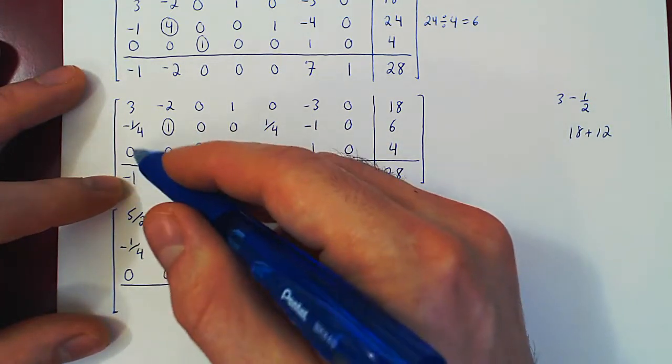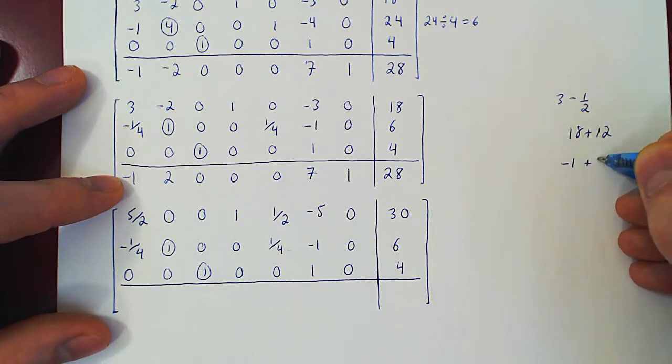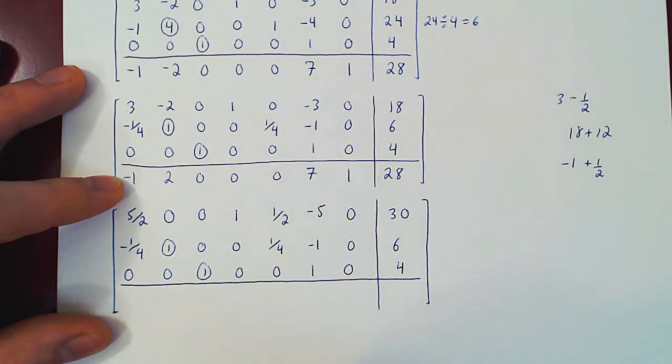So -1 minus 2 times -1/4, so it's -1 plus 1/2, which is -1/2.